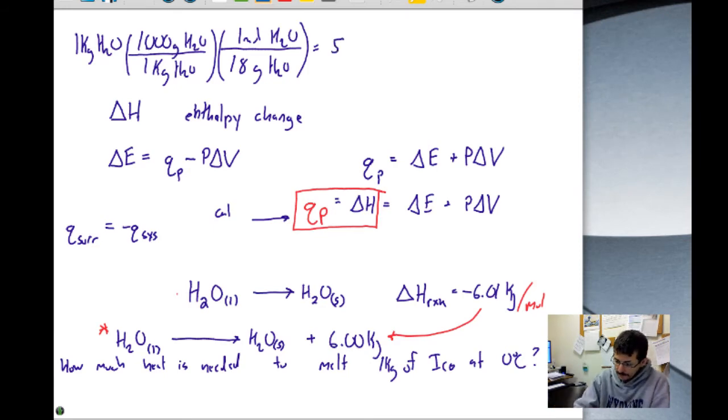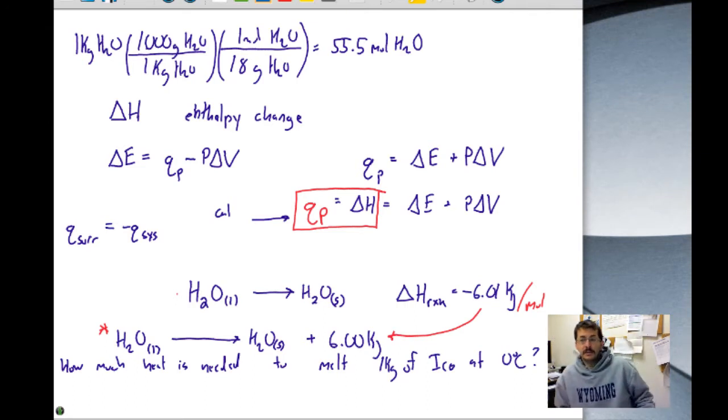That says that there are 55.5 moles of water present. And so, 1 kilogram of ice, about 2 pounds, is 55 moles of water. These quantities are stoichiometric. We know for so many moles of water, it releases so many joules.